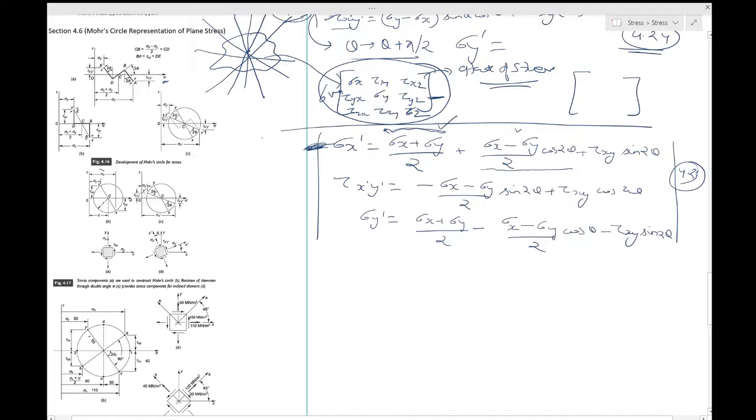So BA sin 2 theta would be somewhere over here. So we arrived here, then calculated this one and then this one. Finally we have arrived at this place called A, and that is what sigma x dash is.